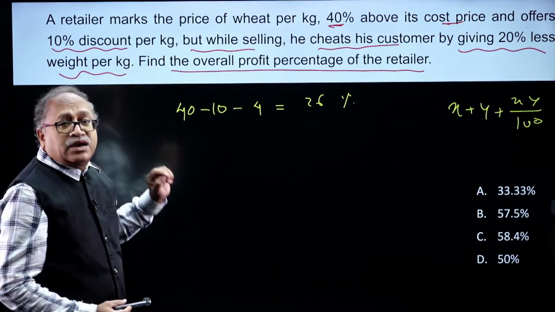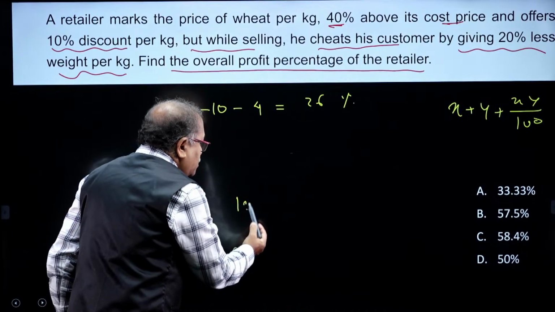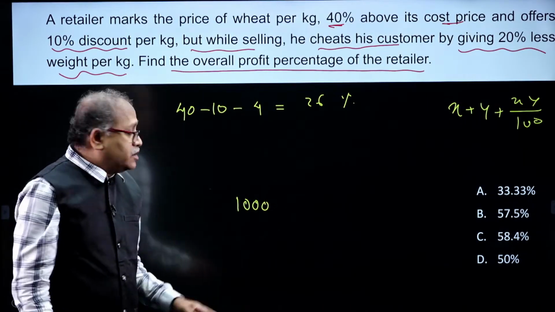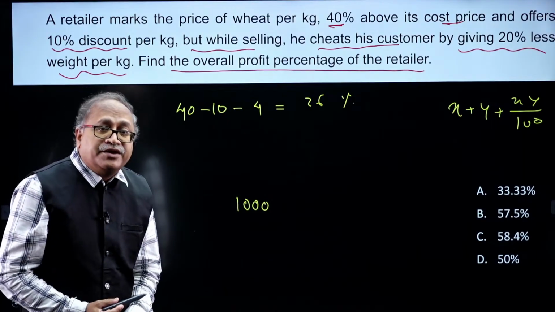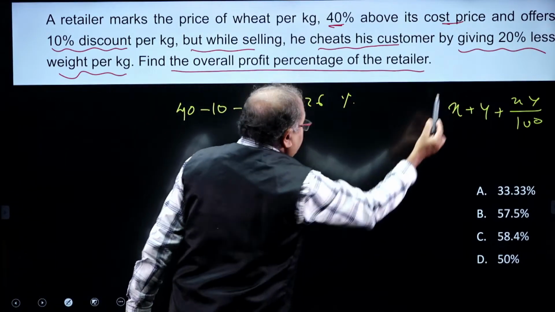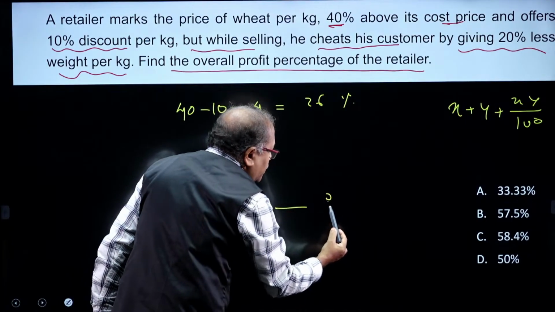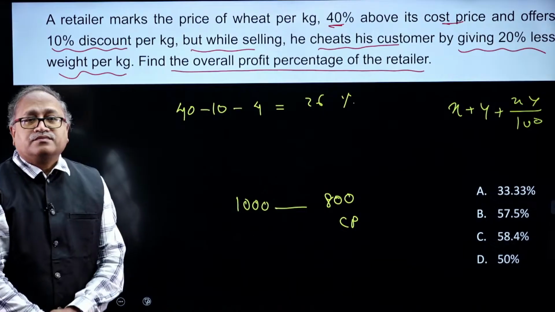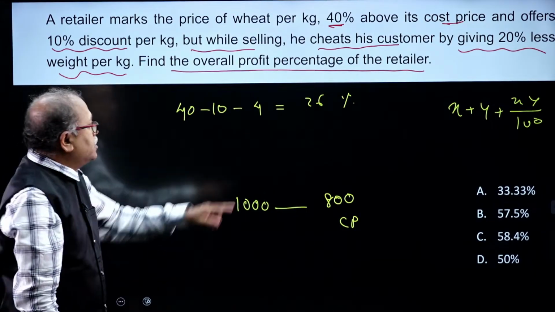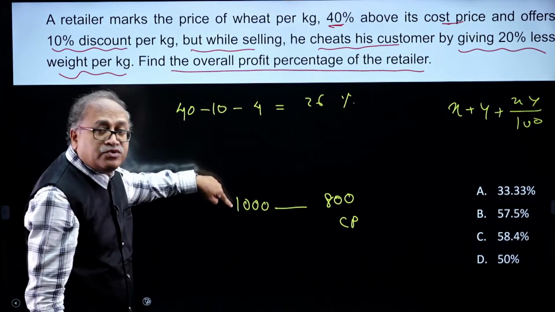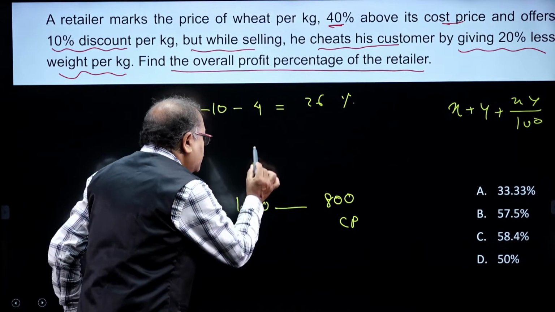Let us consider that 1 kg, 1000 gram. I am taking the round figure. I can also take this as 100. You can do it by 100. So, 20% less, that means 800 grams he sells, this is his cost price. Now, he makes a profit of 26%. Here you have to take on 1000.